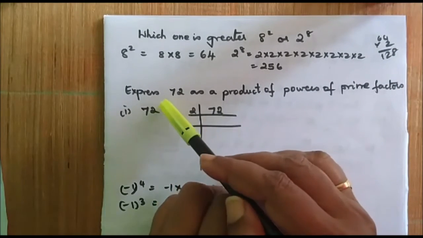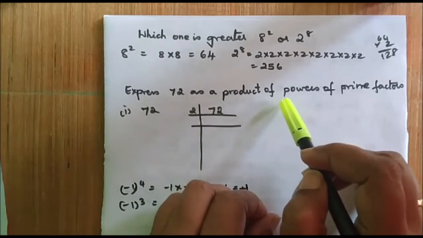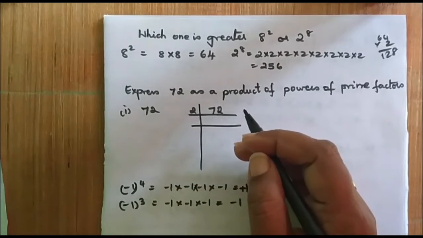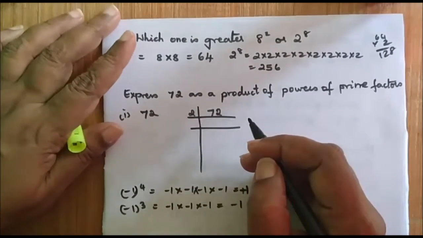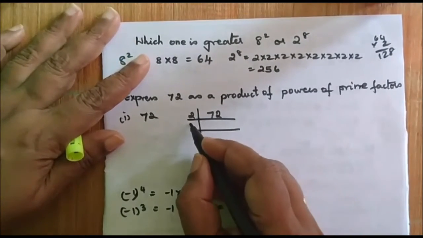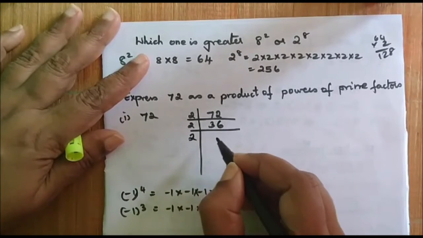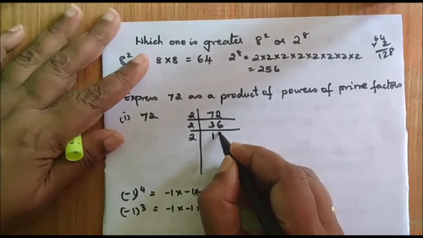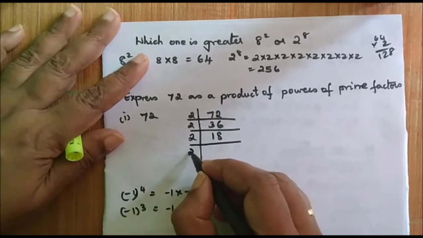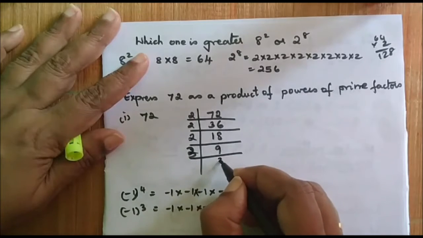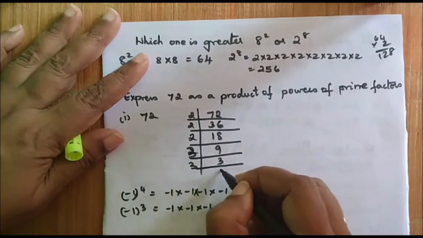Okay. Now express 72 as a product of powers of prime factors. So now let me divide 72 by 2. What do I get? I get 36. This can be further divided into 18. This is further divisible into 9. This goes 3 times into 3, and then into 1.